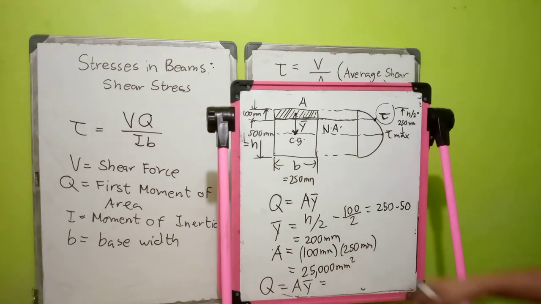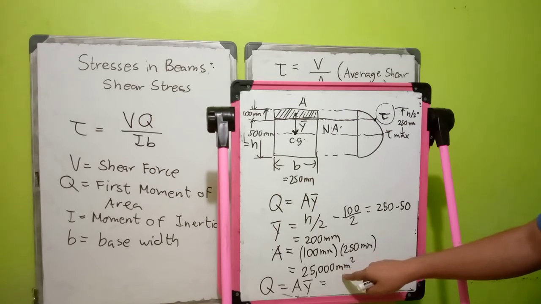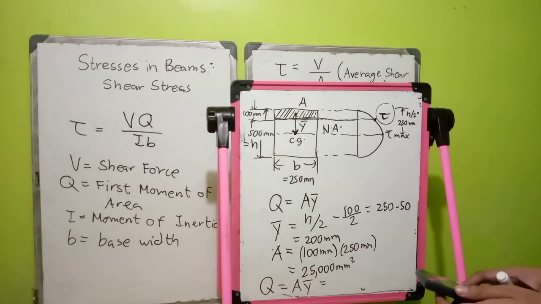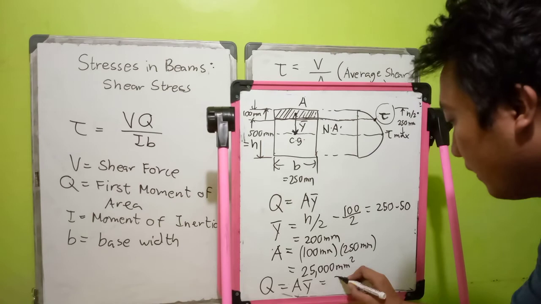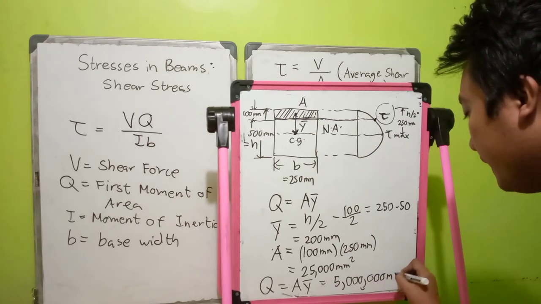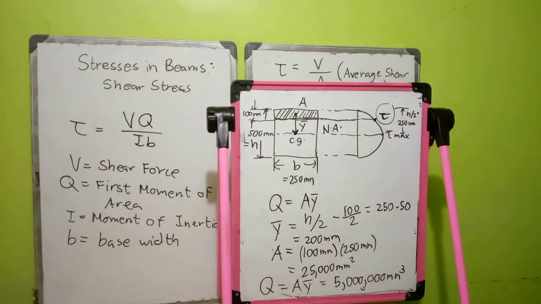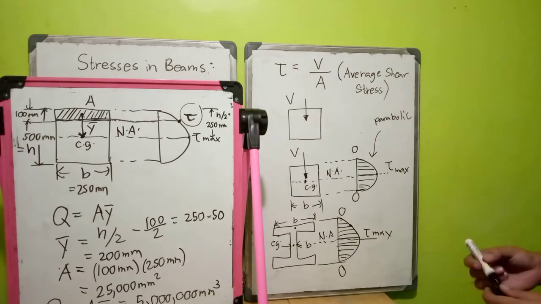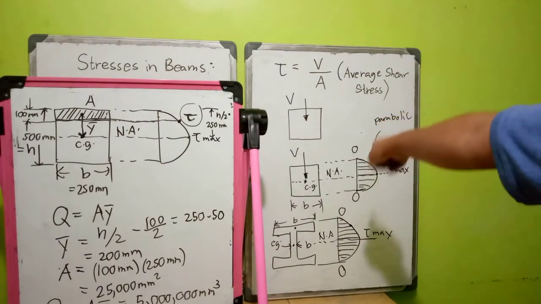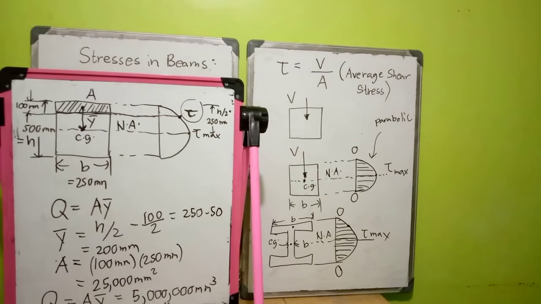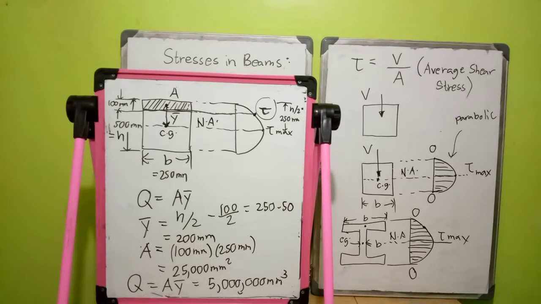Therefore, 25,000 mm squared times 200, so we'll get 5 million mm cubed.